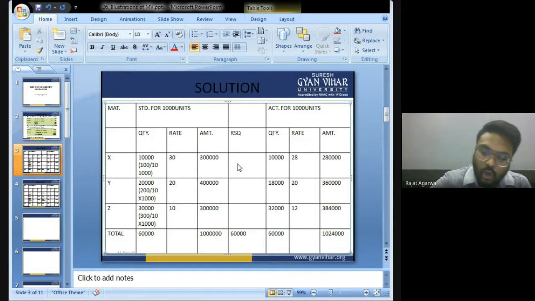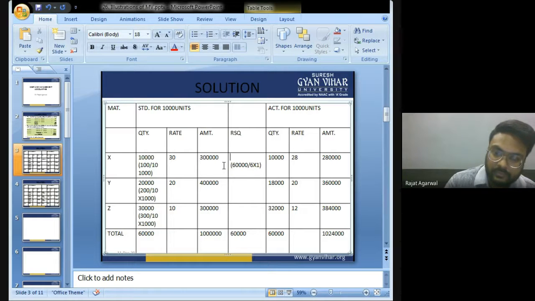Now ratio of standard material is 1 is to 2 is to 3. So 60,000 divided by 6 into 1, 10,000.